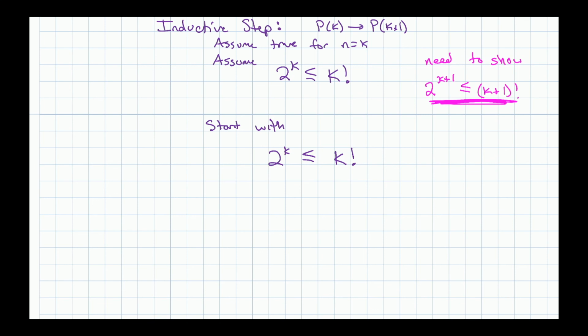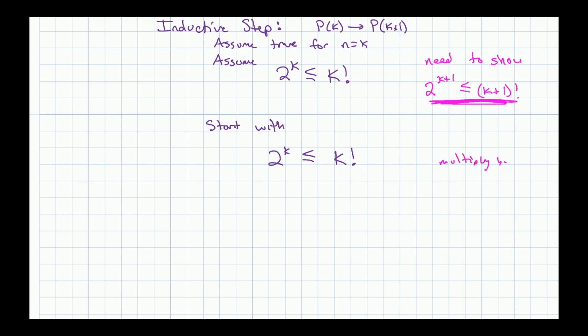So what I'm going to do is I'm going to say this. The left-hand side here is 2 to the k plus 1. How would I turn this into 2 to the k plus 1? I need to multiply by 2. So multiply both sides by 2.